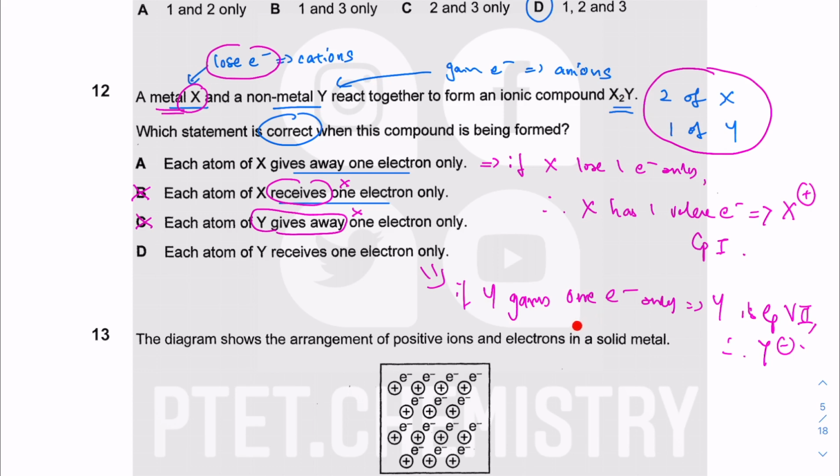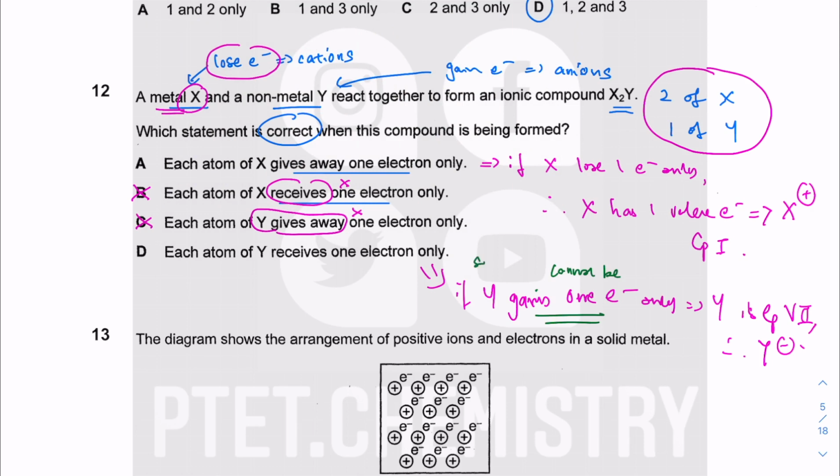Instead, if you only need one electron, it would just form a single bond to X. Sorry, not covalent bond. It would just need one X to give away one electron. So for this to be true, Y cannot just gain one electron. Alright, so don't get confused between covalent and ionic. Gaining one electron cannot be.